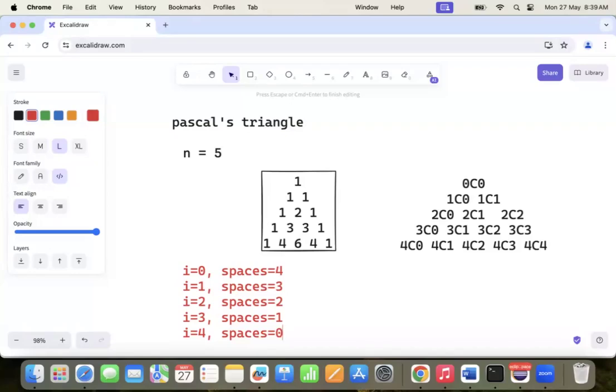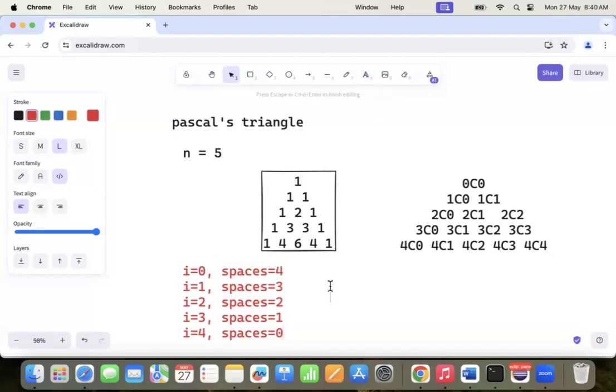Folks, if n is equal to 5 and i is equal to 0, how many spaces are required? 4.